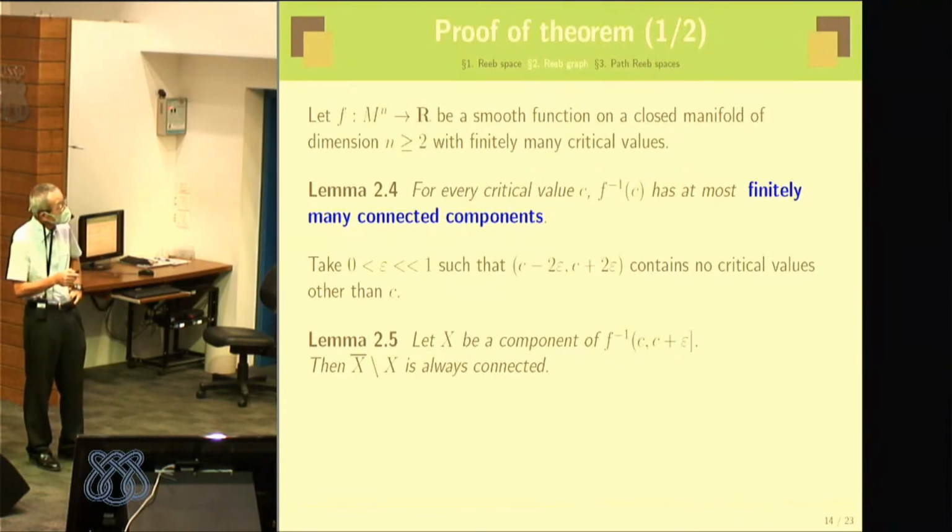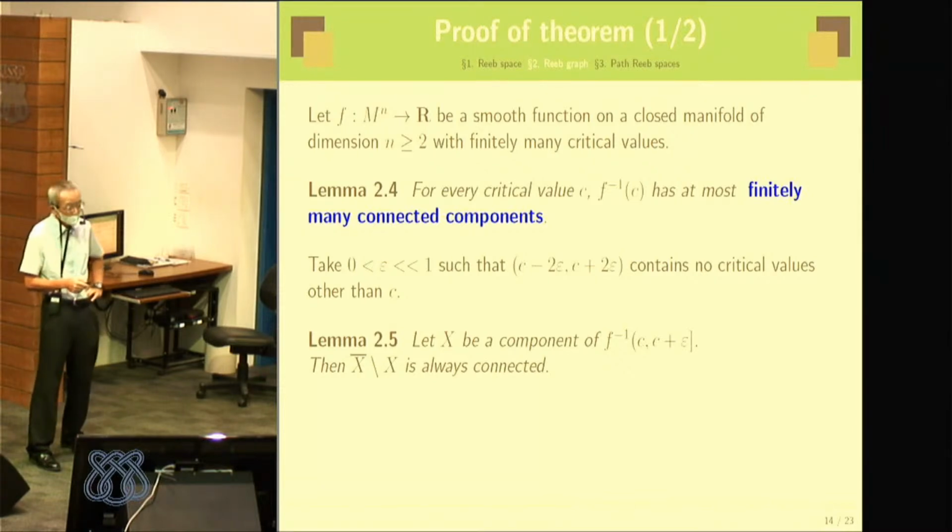In order to prove this, we have another lemma. Suppose you have a critical value c, and we take a very small positive number epsilon, so that the open interval (c minus 2 epsilon, c plus 2 epsilon) contains no other critical values.